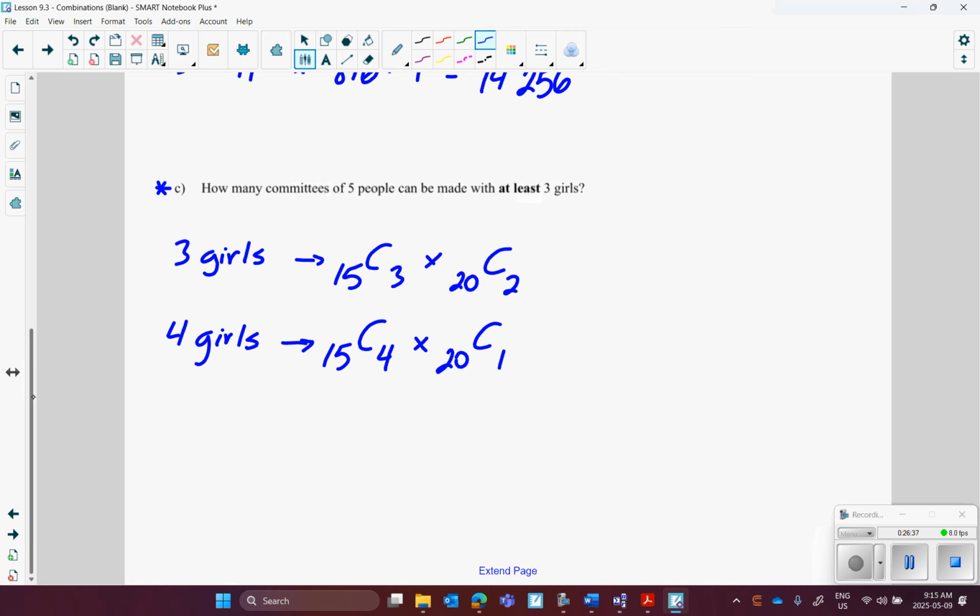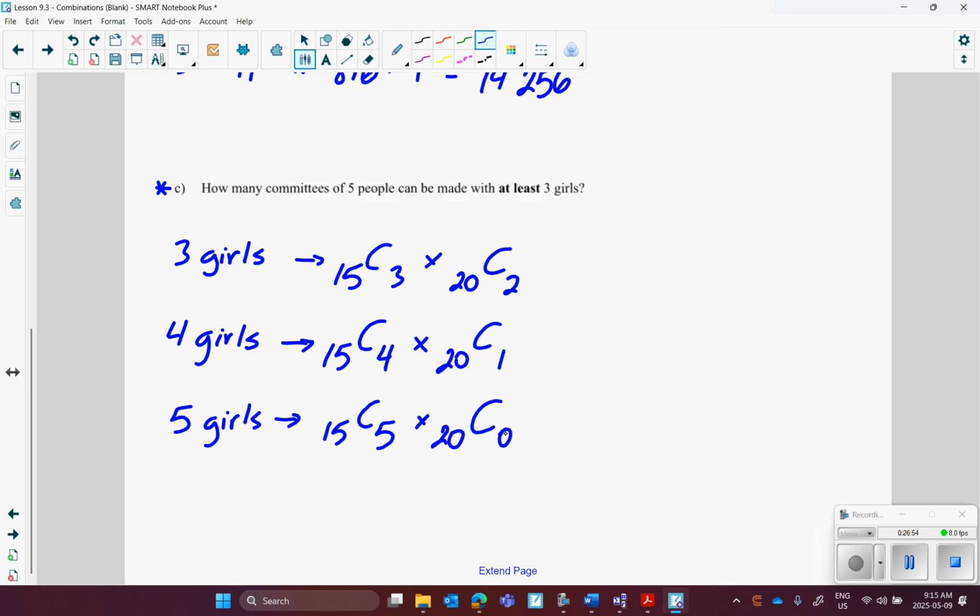And then for 5 girls, 15 choose 5 times 20 choose 0. There's no boys on the committee. Those are the possible scenarios.